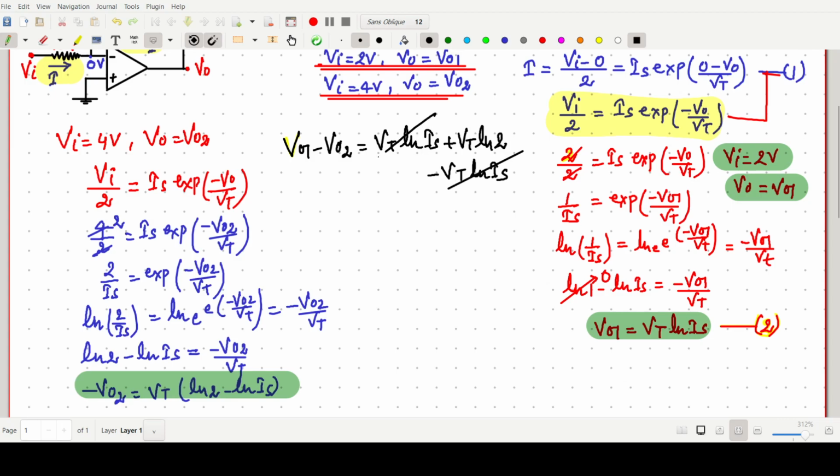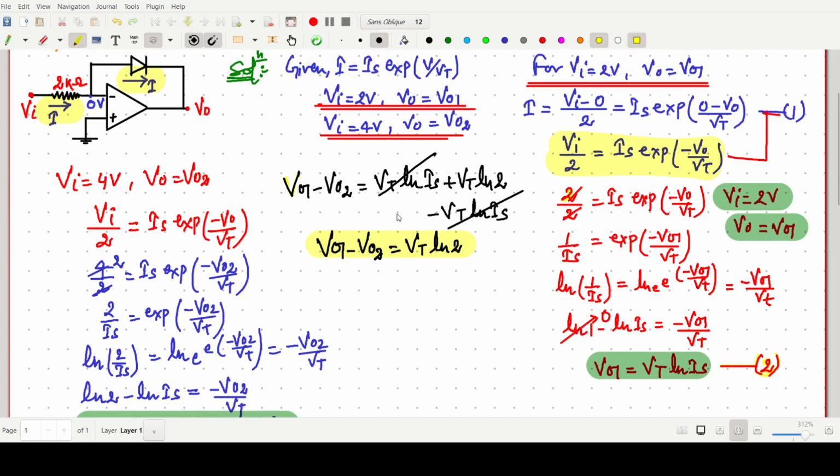And this we cancel out. So V naught 1 minus V naught 2 equals to Vt ln 2. So this one is the suitable relationship we have found out.